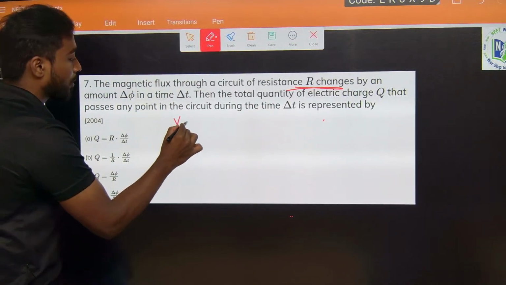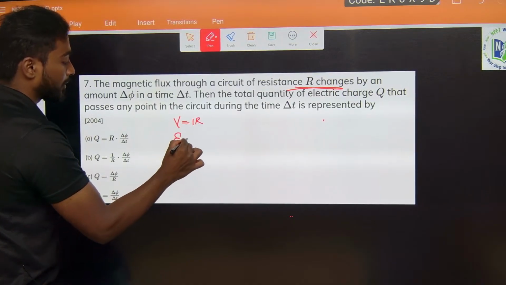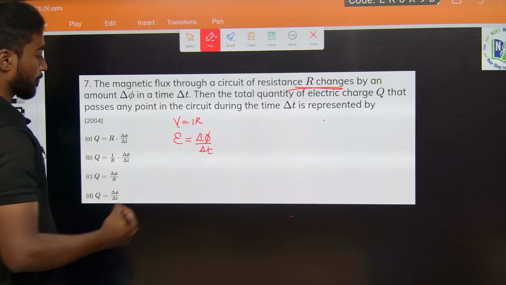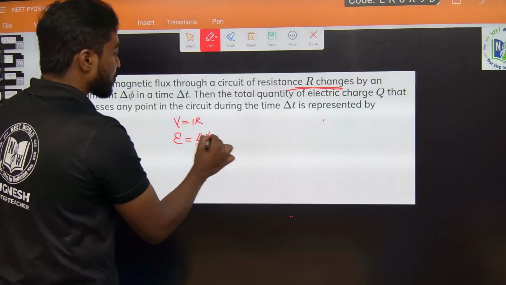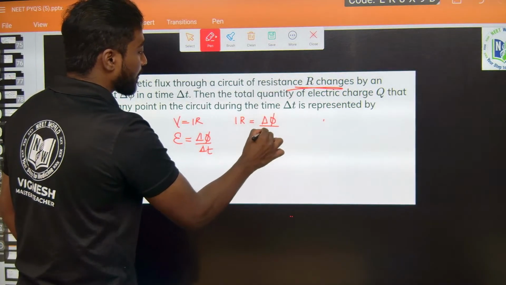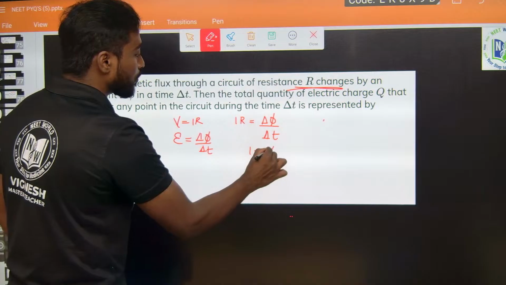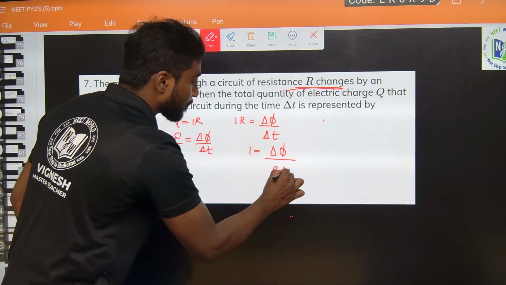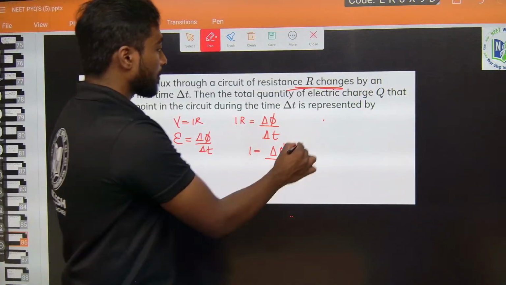So V is equal to IR and E is equal to delta phi by delta T. From these two equations, IR is equal to delta phi by delta T, where I is equal to delta phi by R into delta T. Now what about Q?